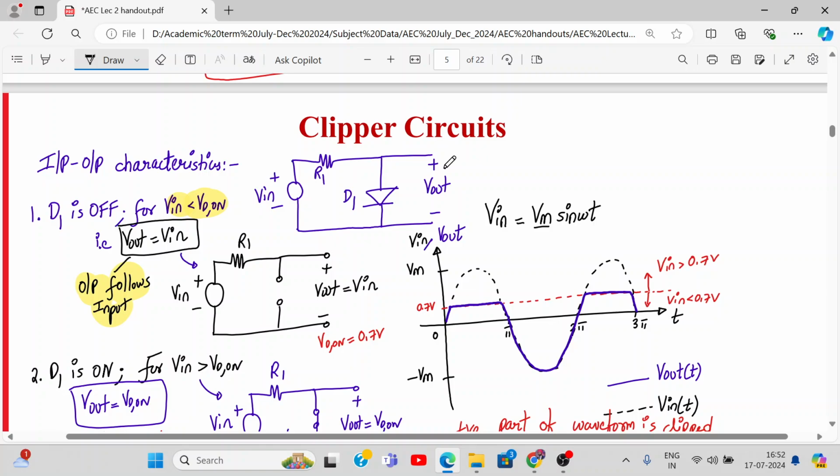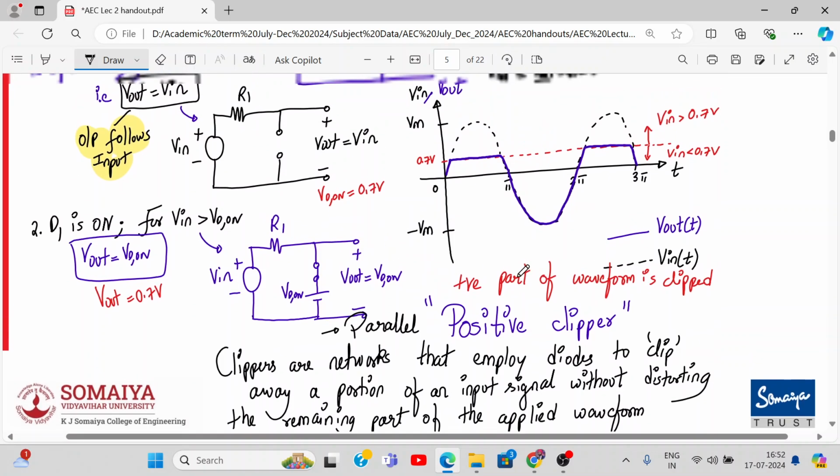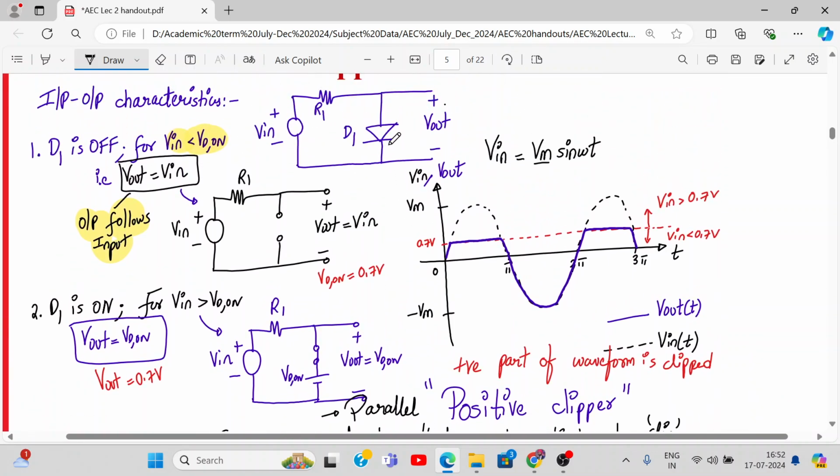Okay, and why positive clipper? Because the positive portion of the output waveform is getting clipped. Understood why it is called a parallel positive clipper now? First of all, the diode is connected in parallel with the output, and the positive portion of the output is getting clipped.